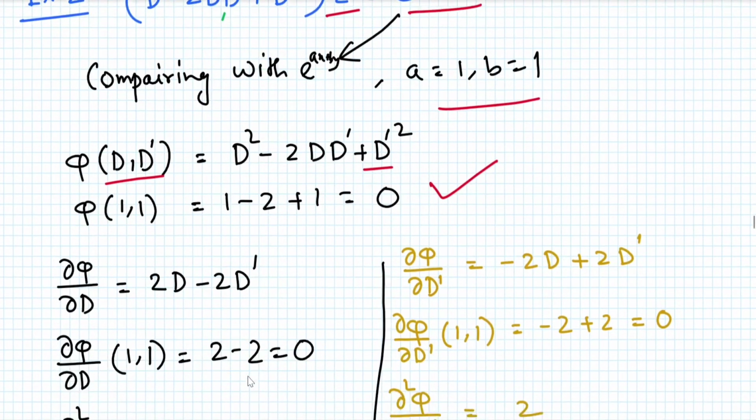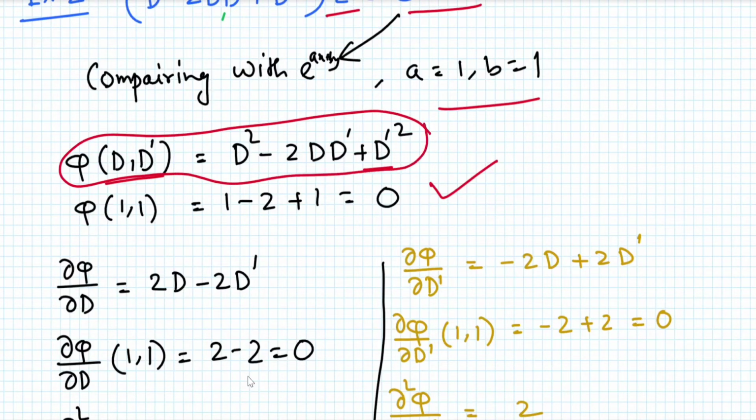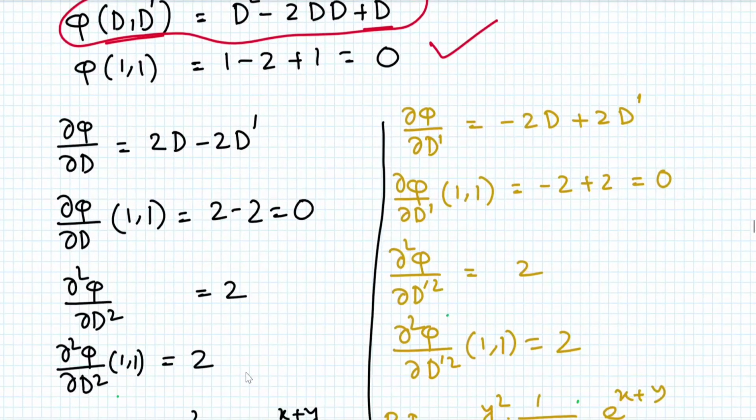So what we should do is differentiate this with respect to D or D dash and multiply by x or y, and continue this process until the denominator term at the point a, b is not equal to 0. So del phi by del D equal to 2D minus 2D dash, and del phi by del D at (1,1) also gives 0. So we should increase the order of the derivative. So del square phi by del D square is equal to 2, and if we put the point, this gives 2, which is not equal to 0.